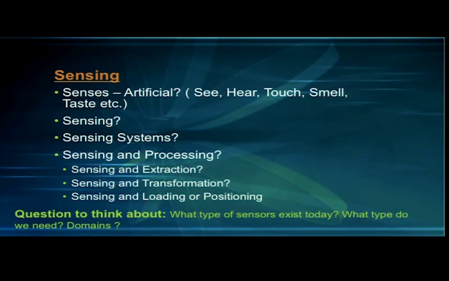Or do you have to transform it? Is your AI smart enough? Do you just slice it and dice it and stuff it in your database? You guys need to figure out what you're going to do with that. So that question at the bottom, again, this is the slide from last week, so we're just reviewing. What type of sensors exist today, and what type do you need for your project? Okay.